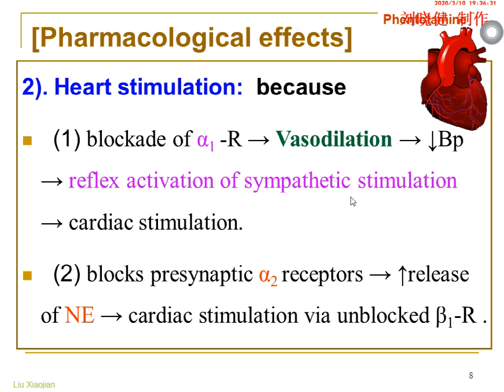This result is not suitable in the treatment of hypertension. So although phentolamine has the ability to decrease blood pressure, it cannot work as an antihypertensive drug. When you study antihypertensive drugs, you will not study phentolamine in that chapter because of cardiac stimulation.